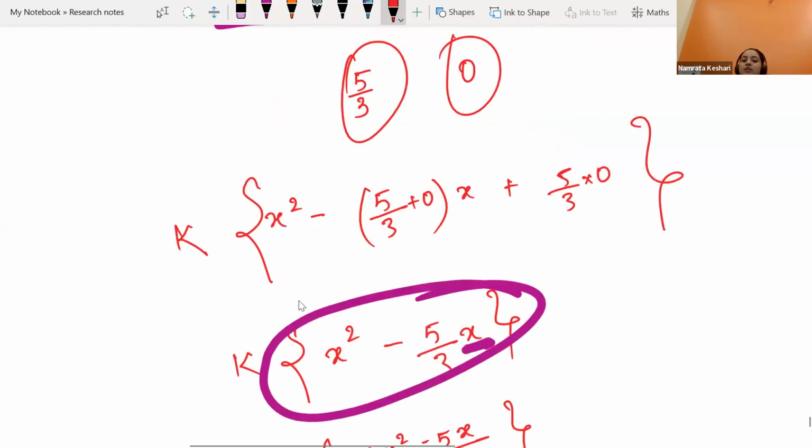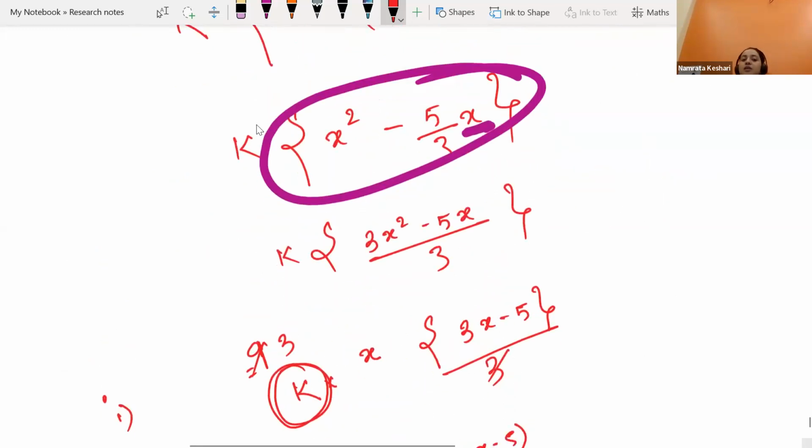Then why did I show you this way? Because I always want my students to know that there is always a k. Without k, you are writing that the equation has 5 by 3 and 0 as zeros, but how many such polynomials are possible?